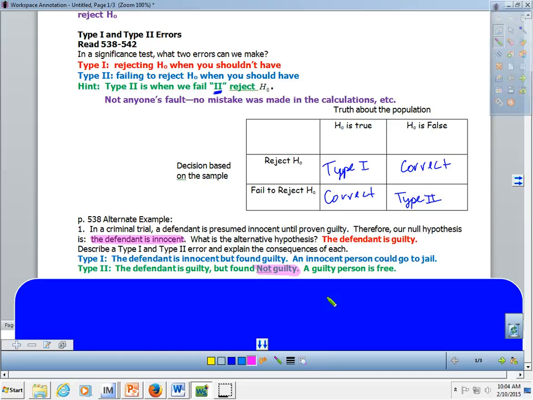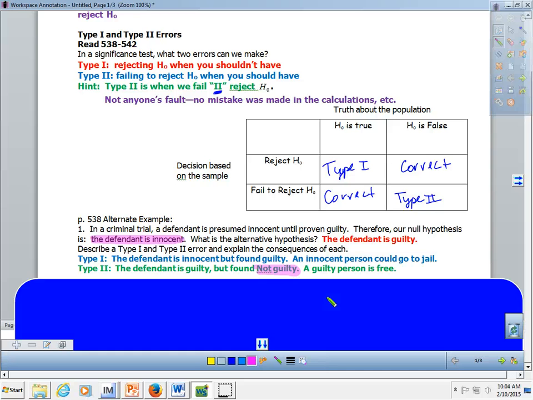We're either going to reject it or we're going to fail to reject it, because the sample will either give us enough evidence to reject it or it will not give us enough evidence and we'll have to fail to reject it. The sample will not tell us for sure if the null hypothesis is actually true. Okay? So I think that's an important distinction to make there.